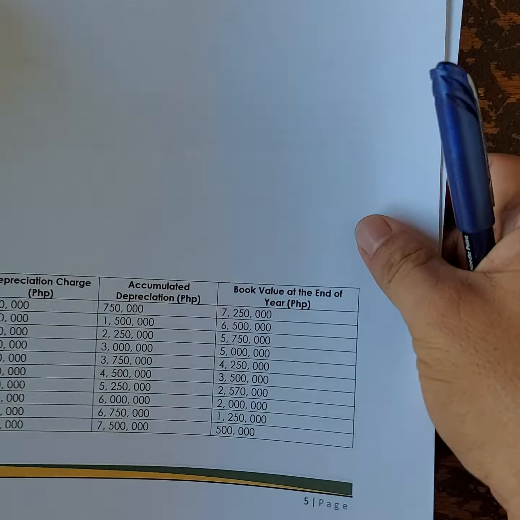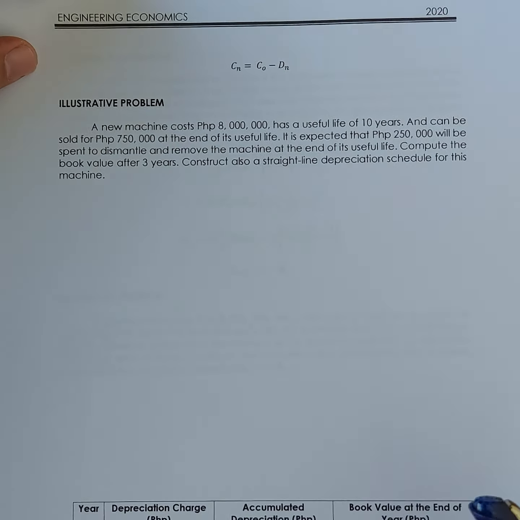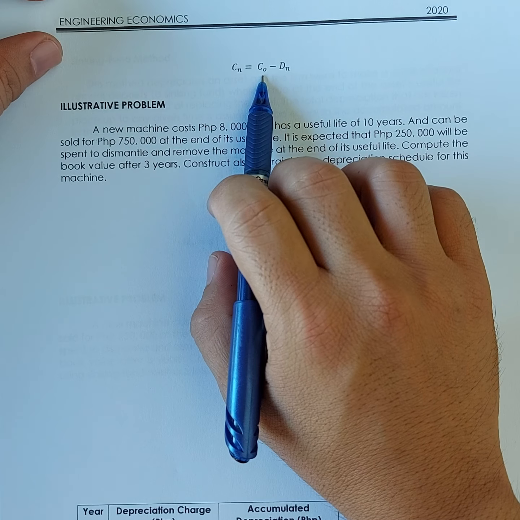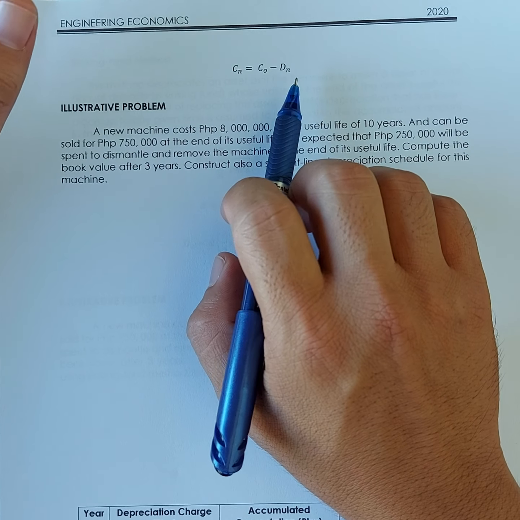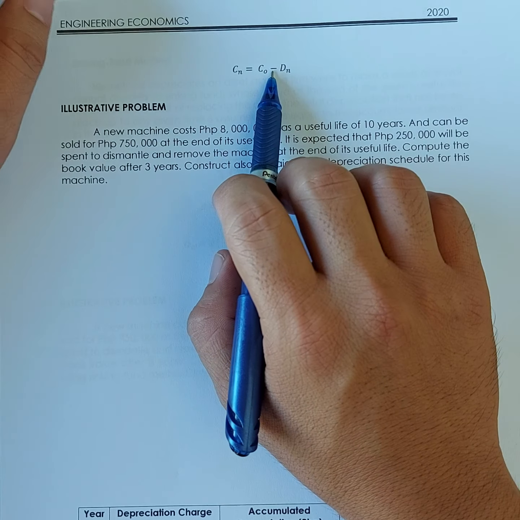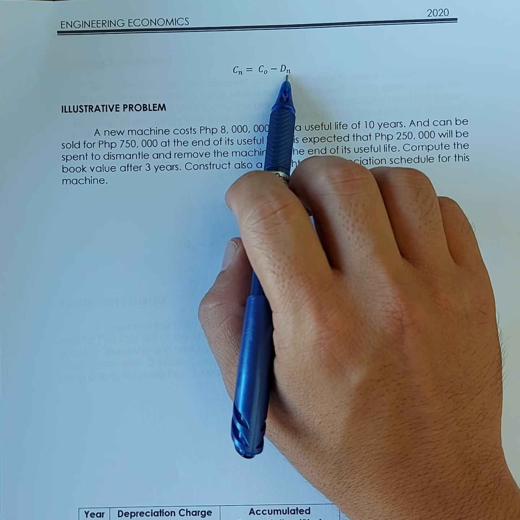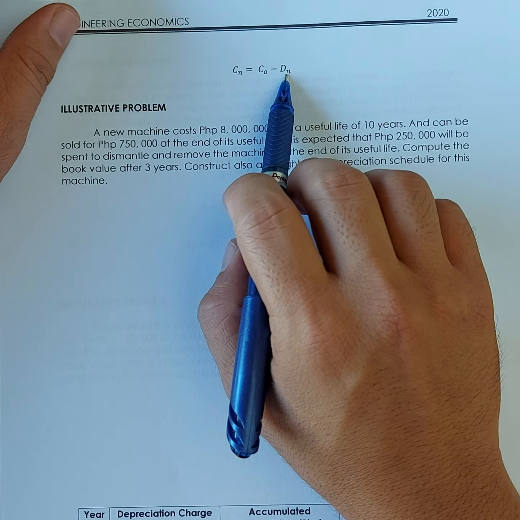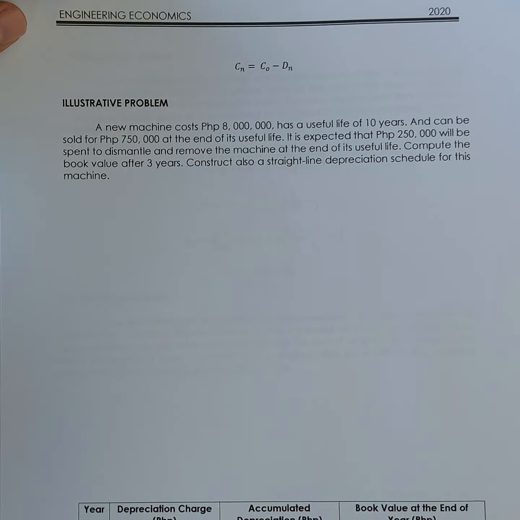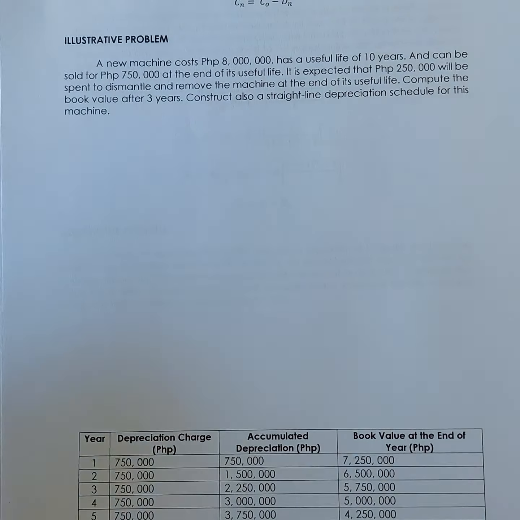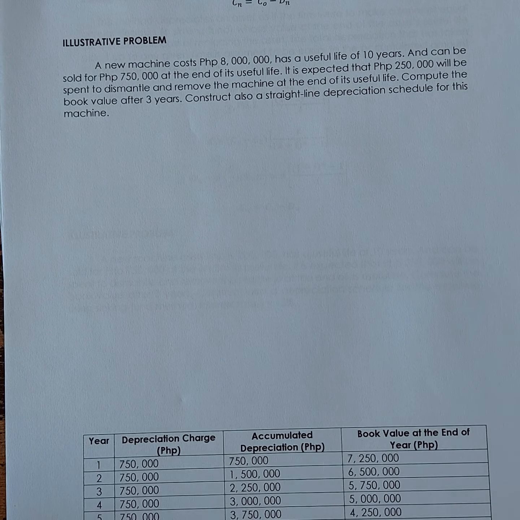And the book value is simply equal to, yung book value natin, C sub N, is equal to C sub O, yung original cost natin or the capital, minus the depreciation with a certain year. No, ito. Okay? So that's very simple. Now let's try to have an illustrative problem for this particular method.